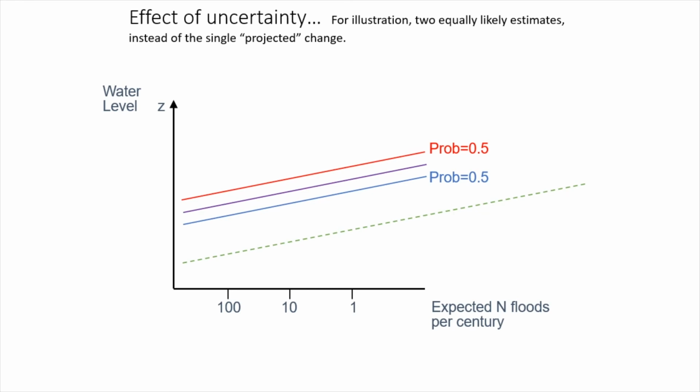Now let's look at a simplified illustration of the effect of uncertainty. Suppose that instead of a single projected change, we have two equally likely estimates. That is, we assign probability of 0.5 to each estimate.